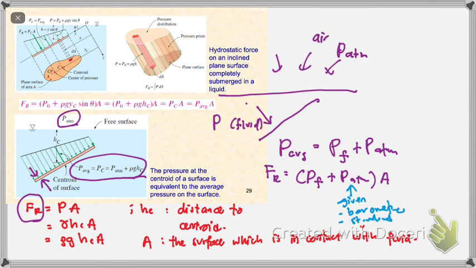Meanwhile, this one is the one that you get from here. So when we come back to the concept for a hydrostatic force, we always neglect the existence of the P atmosphere, because the magnitude of the force cancels out from each side of your object. So this part becomes 0.